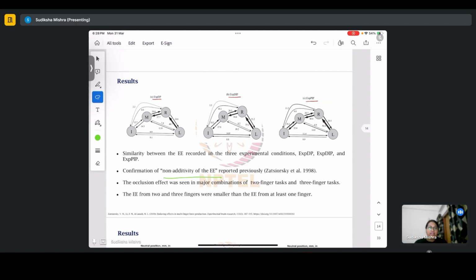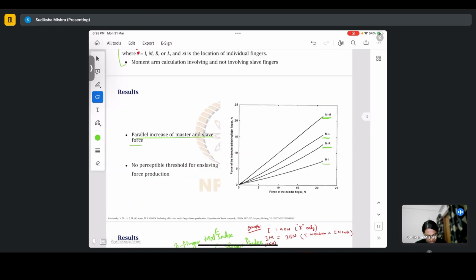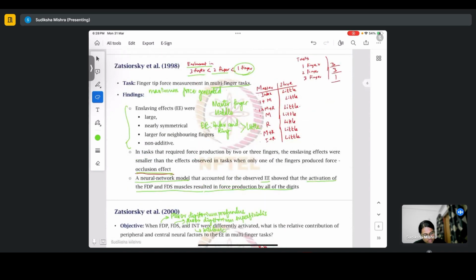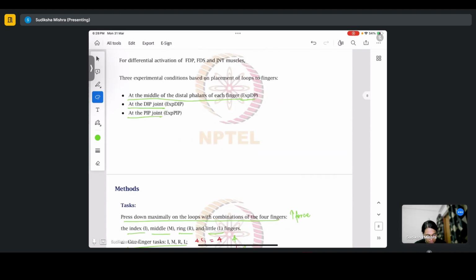And there were also occlusion effect, which we looked at here, which is when the enslavement in a three finger condition is less than in a two finger condition, whereas the one finger condition has the highest enslavement.